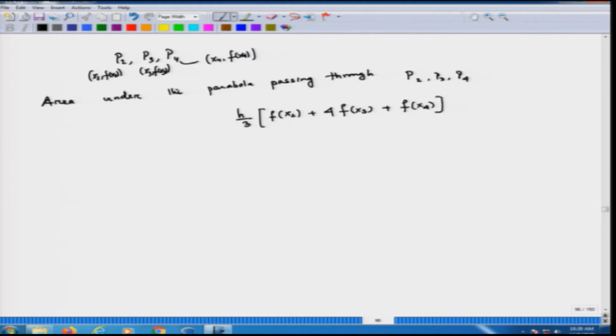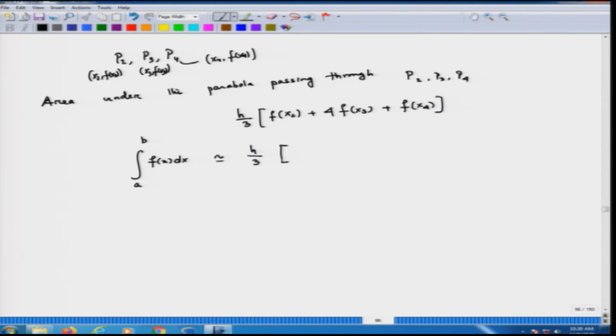So, now of course, if I want to find the integral from a to b of f of x dx, we are going to approximate this. If I take n to be large, we can approximate this area by the area under the curve of f of x. So, this is equal to h by 3 times f of x naught plus 4 f of x1 plus f of x2, this is between P0, P1 and P2.